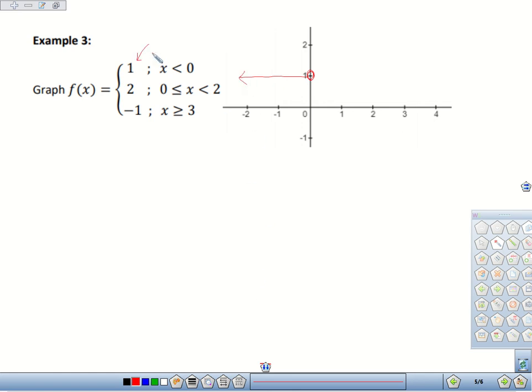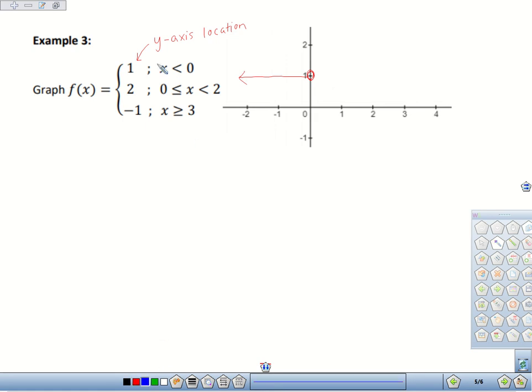So this determines where you are on the y-axis, if that helps. We look at where this is on the y, and this tells us where to start on the x. Any questions about that part?